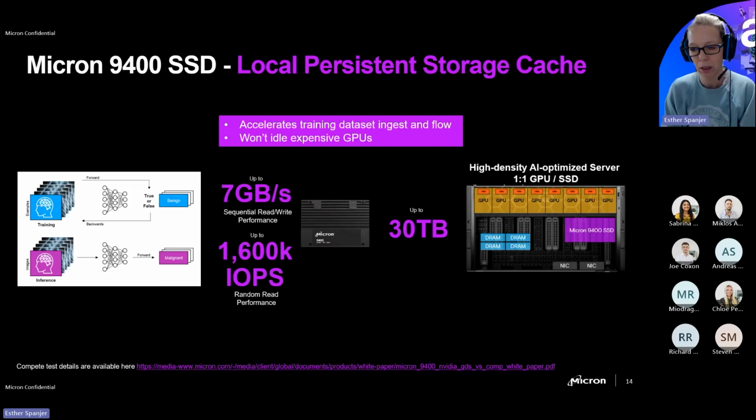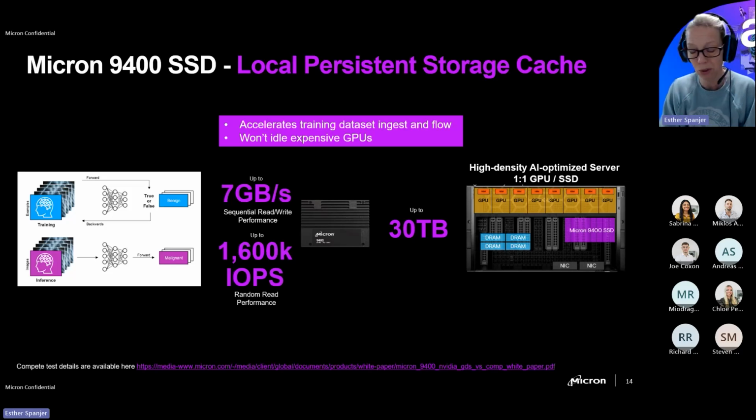This is really the fastest performing SSD in the market. You can utilize it as a very, very large local storage cache, where what you really are after is making sure that the GPUs that you have implemented in your server are not sitting idle.